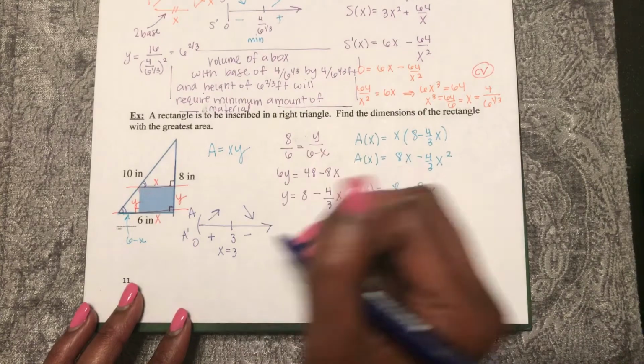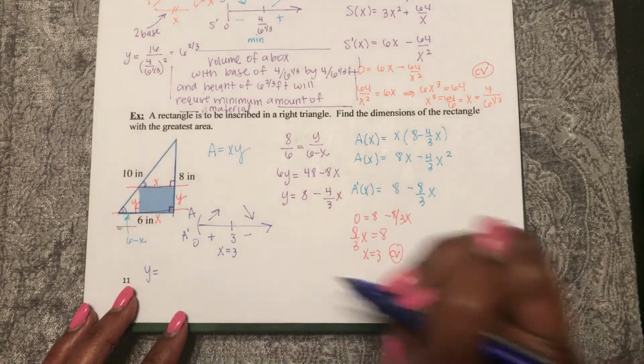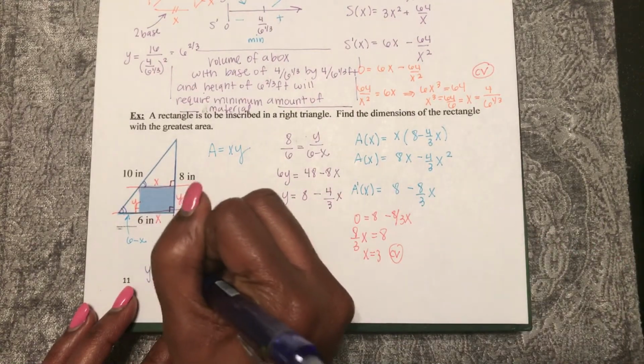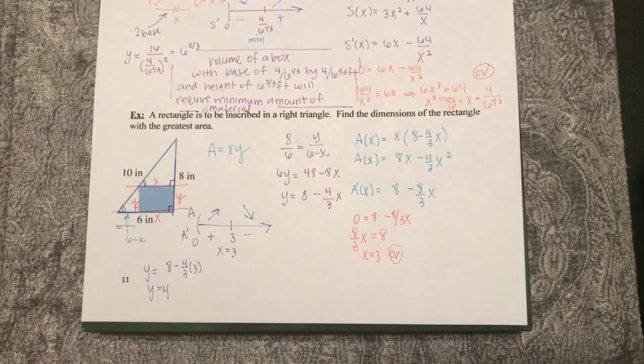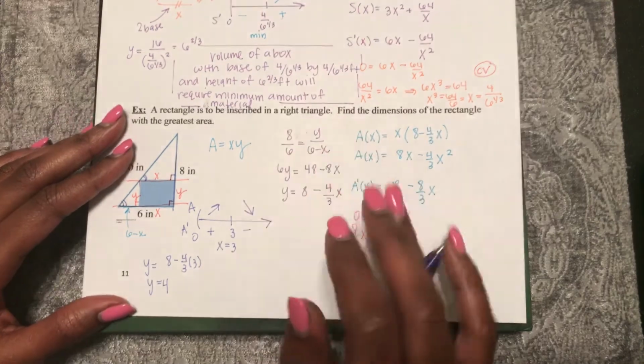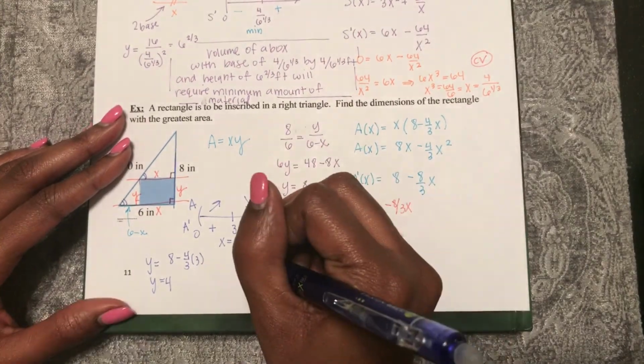So what does y equal? y equals 8 minus 4/3 times 3. y equals 4. So we know there will be a maximum area.